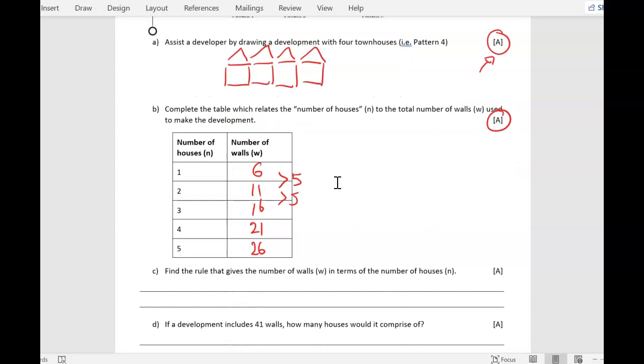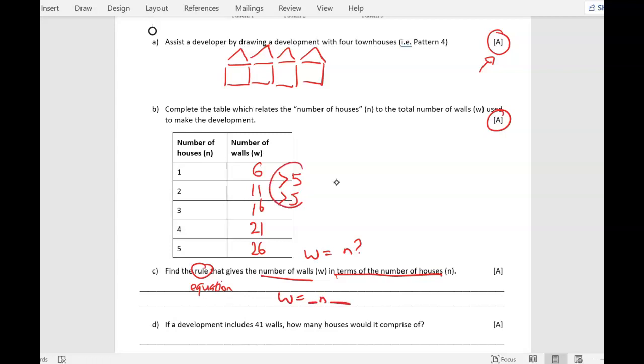So question C is all about finding a rule. That's another word for an equation. So we've gone through a few of these before. That gives the number of walls in terms of the number of houses. So what this means, it must be W equals something to do with N. So W is going to be equal to N. We need the gradient and we need the start point here.